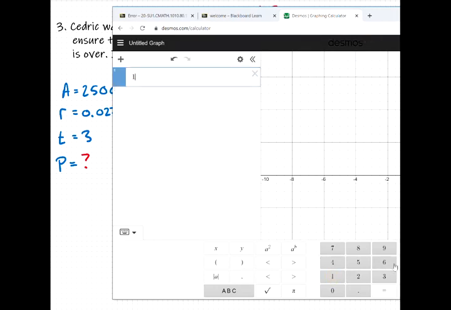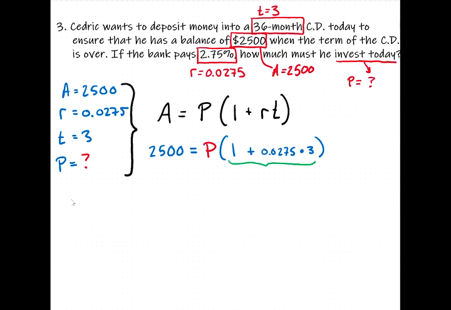Okay, so that's 1.0825. That's what's inside the parentheses, 1.0825.